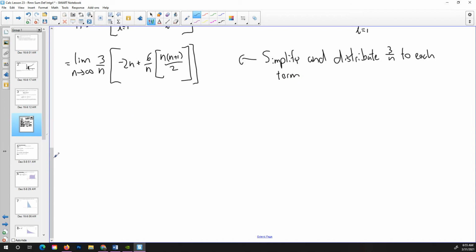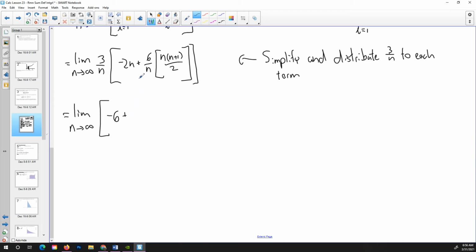All right, so before I can do anything here, let's talk about what I'm actually going to do. When I multiply 3 over n times negative 2n, the n's will cancel, and I'll get the limit as n goes to infinity. This first term here is just going to end up being negative 6, and then plus.